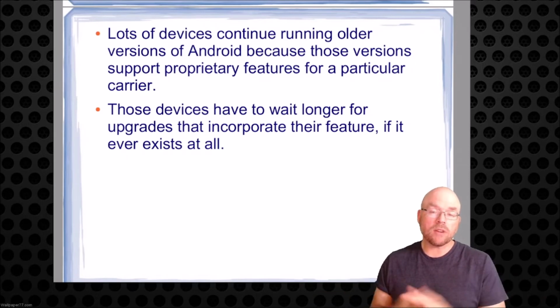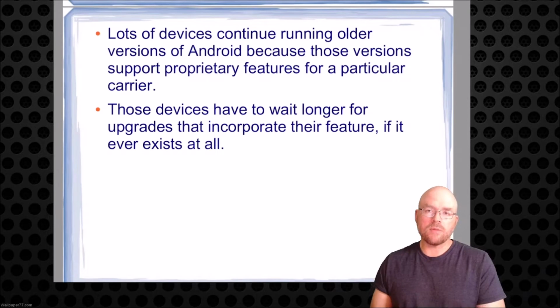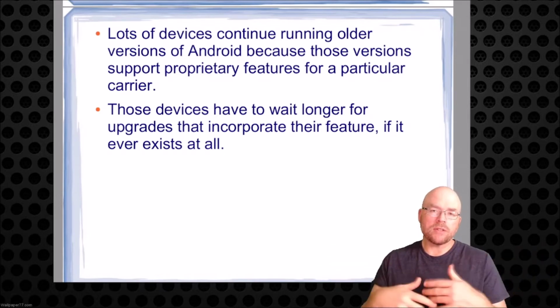They're going to have to wait longer for upgrades, if they get an upgrade at all, because Google might just say, oh well, we're going to move to version 13, and we're not supporting whatever feature it is that you have on your network, and tough. So that might leave one of the carriers, T-Mobile or Verizon or whatever, scrambling to fix their stuff.